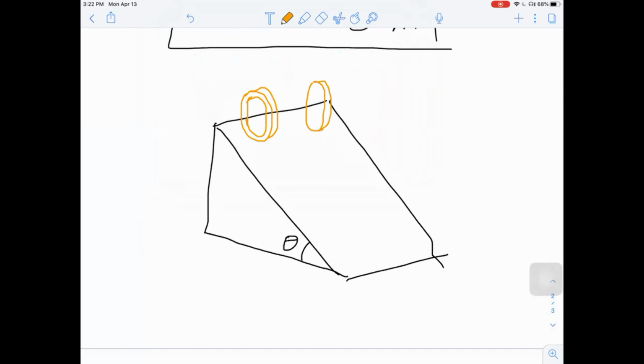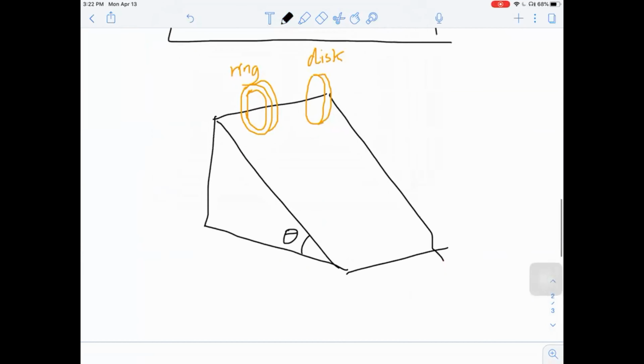Okay, if they're both released at the same height on the slope, which one will reach the bottom first? Would you say it's the ring or the disc? Of course, I should tell you some information about this ring and disc.